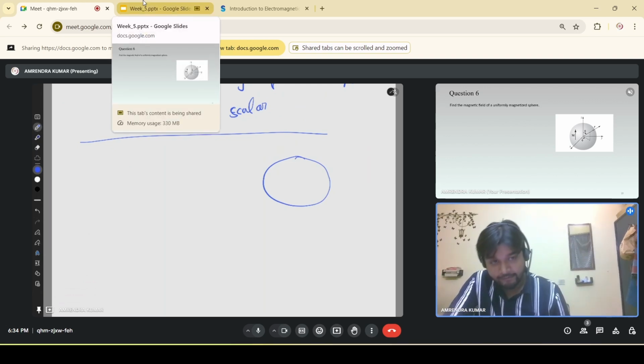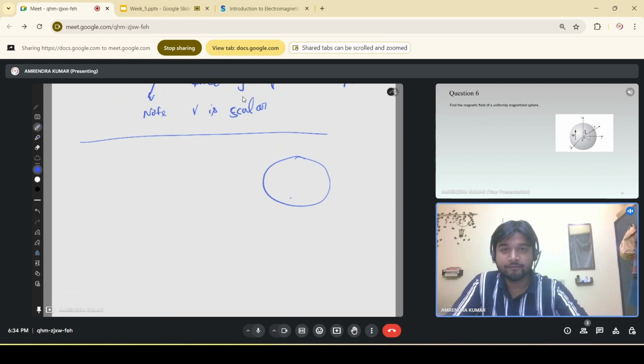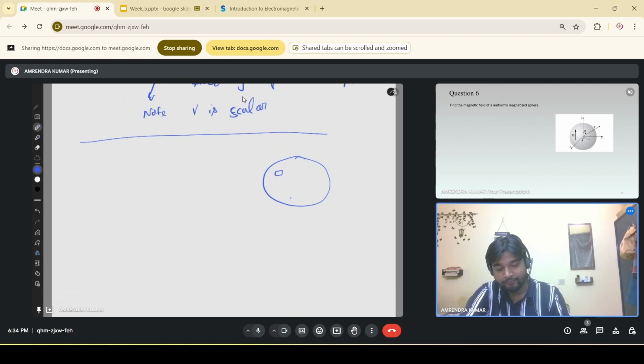I just told you that if you measure the magnetization at any place and go to some other place, the magnetization will be the same. It will have some direction of magnetization like this, and the amplitude will be equal everywhere.